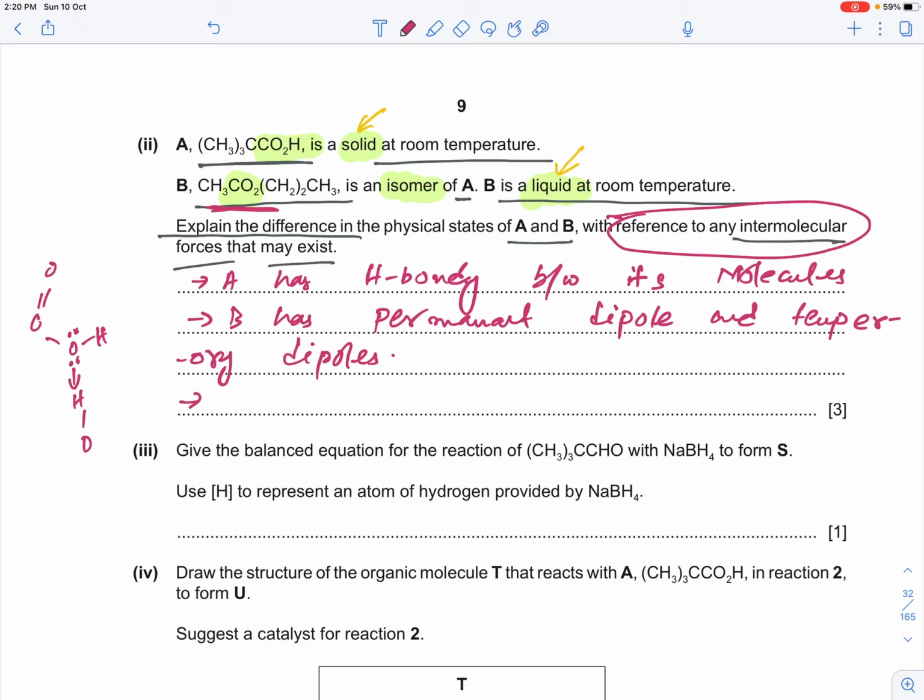So hydrogen bonding is stronger than permanent dipoles, and that's why A is solid at room temperature. So this is a simple question.